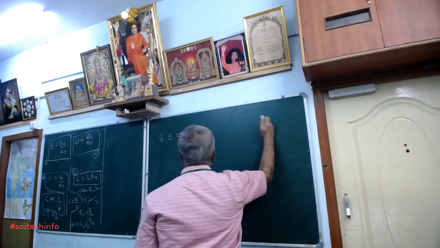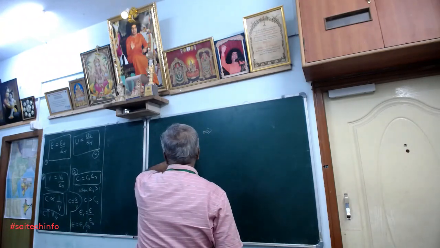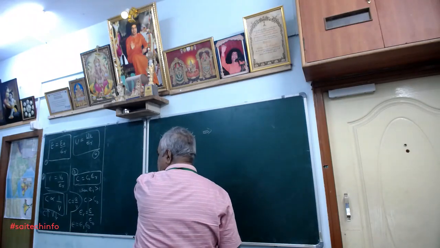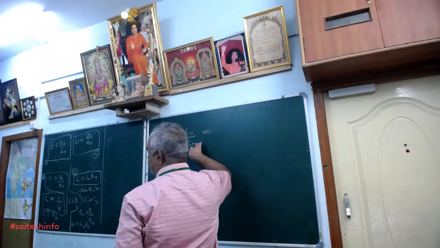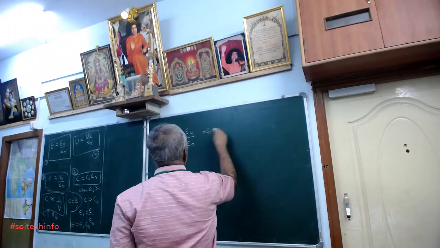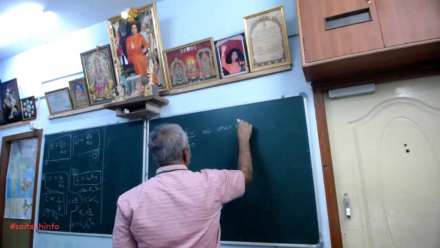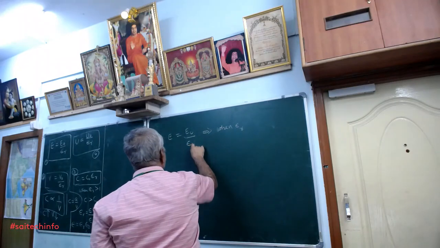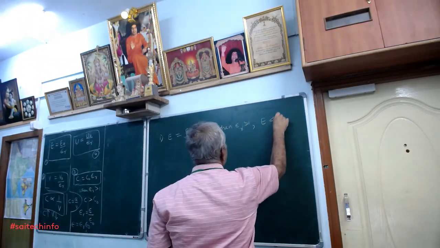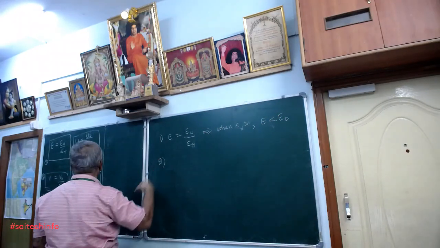When E naught is constant, by introducing epsilon R, when we increase it, E decreases. When epsilon R is greater than 1, E is less than E naught.